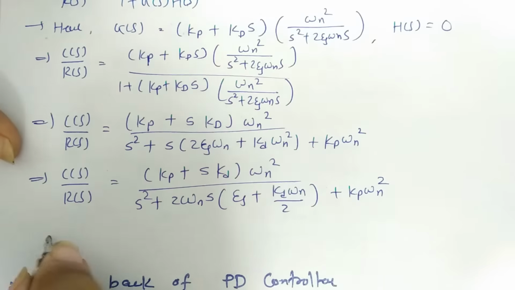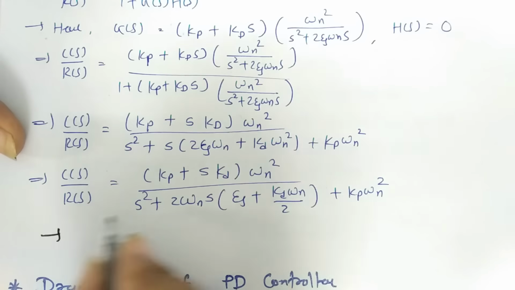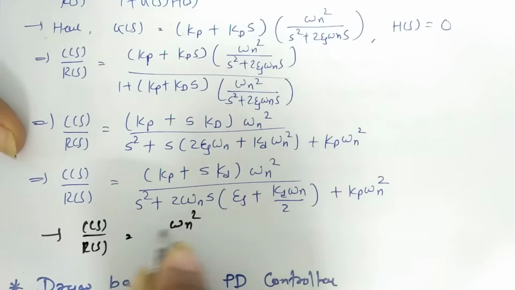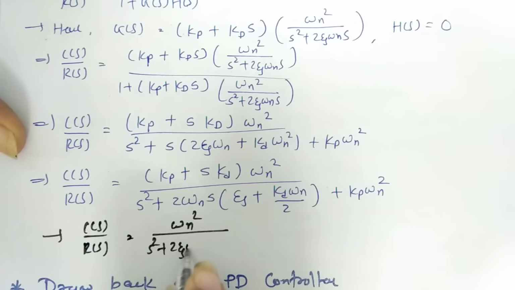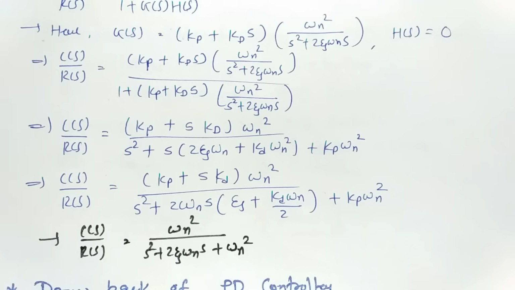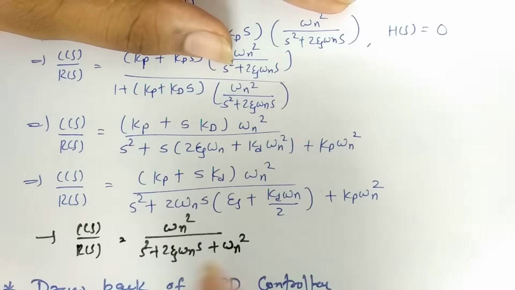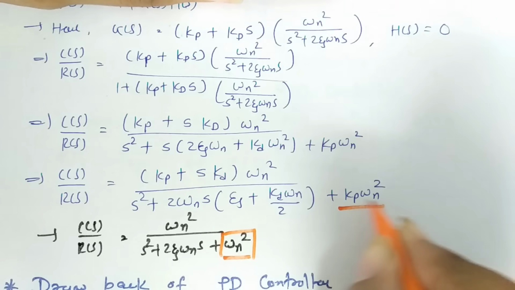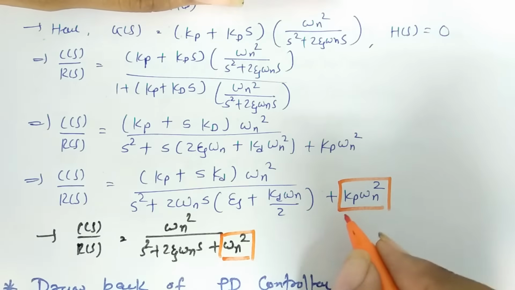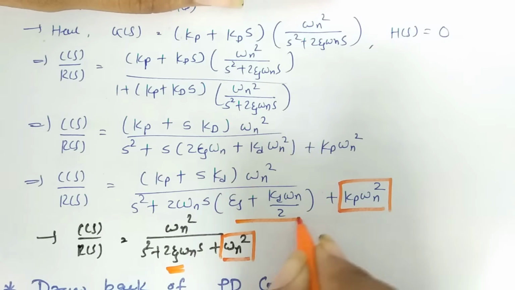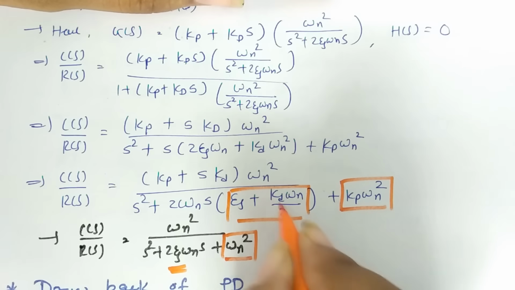Now if I compare this with the standard second order equation for this system, C(s) by R(s), we know it is omega square n divided by s square plus 2 zeta omega n s plus omega n square. So what is changing? Here natural frequency is getting changed based on Kp, and the value of zeta is getting modified with respect to Kd.